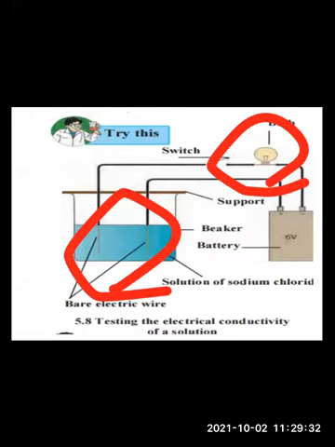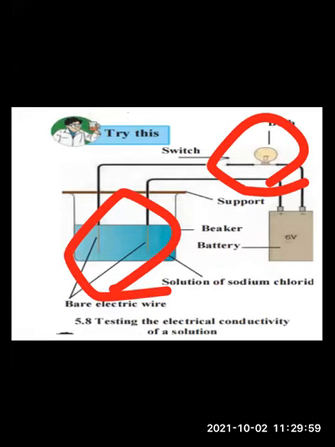In this way you have to repeat the same procedure by changing the solution. First we have taken sodium chloride, the salt solution. Now instead of sodium chloride, you change it to another solution. You can take blue colored copper sulfate solution: 1 gram copper sulfate mixed with 50 ml water.